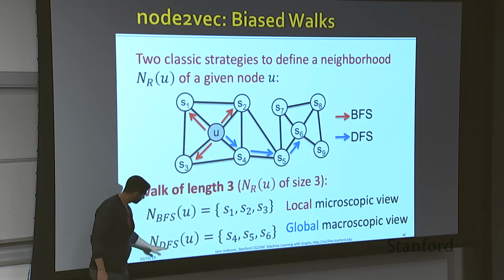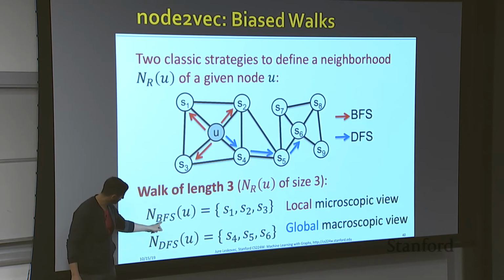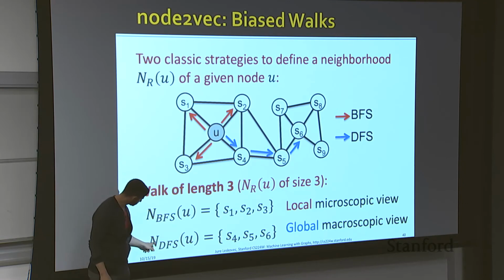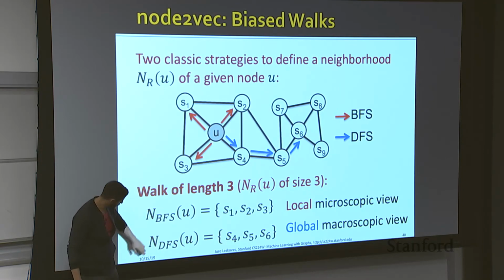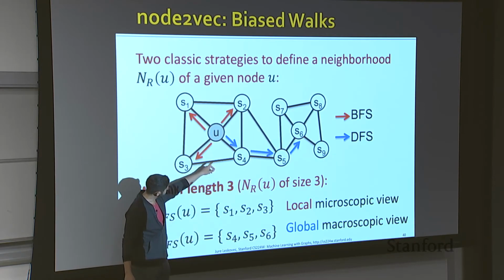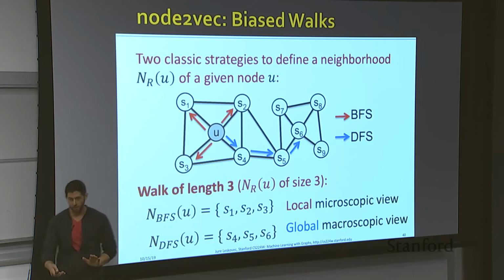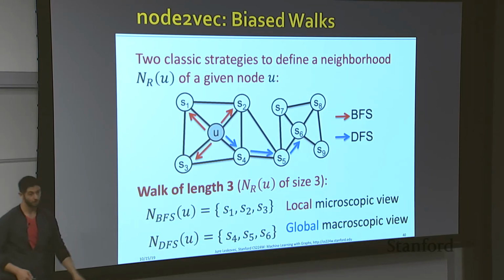Instead, if we perform DFS, so now we replace our strategy R. Remember when we were calling this neighborhood of R? Now the strategy is the way in which we traverse the graph. Our strategy to get this neighborhood N is DFS, and in this case, we're going to be traversing through S4, S5, and S6. This gives us a global macroscopic view over the graph.